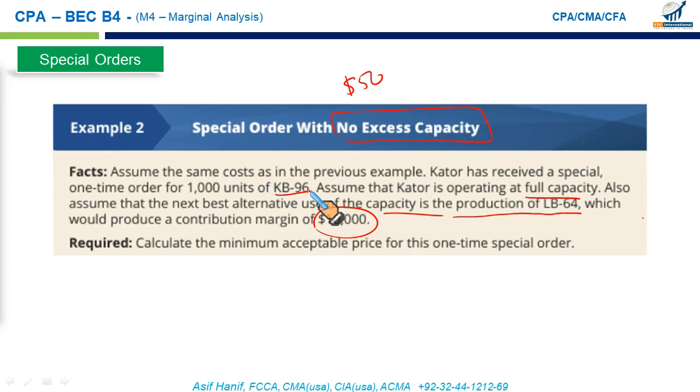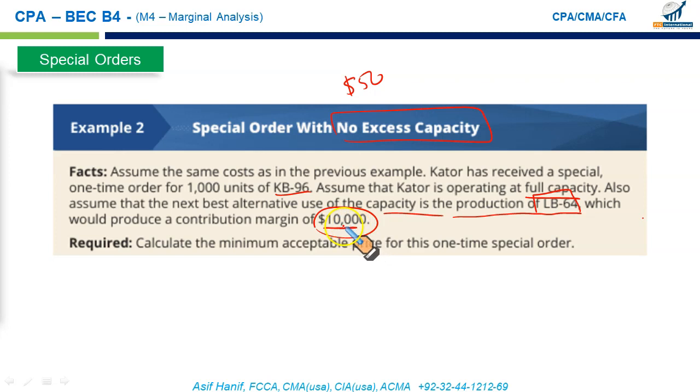Now listen, we will surely charge $50 for each KB96 if we are operating at excess capacity. But when there is no excess capacity, that means we will be sacrificing something, we will be giving up something. In this case, we are giving up $10,000 of contribution for another product, LB64. So we have to consider this lost opportunity cost, the lost contribution margin, in this order.